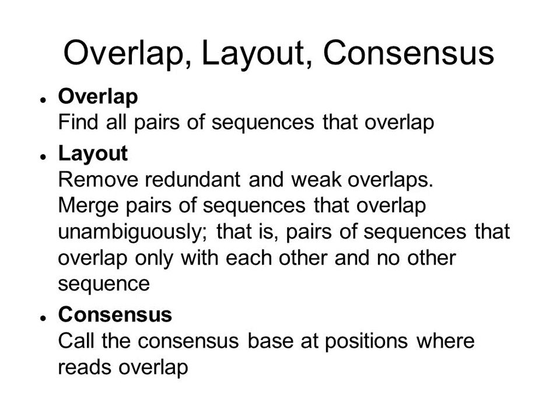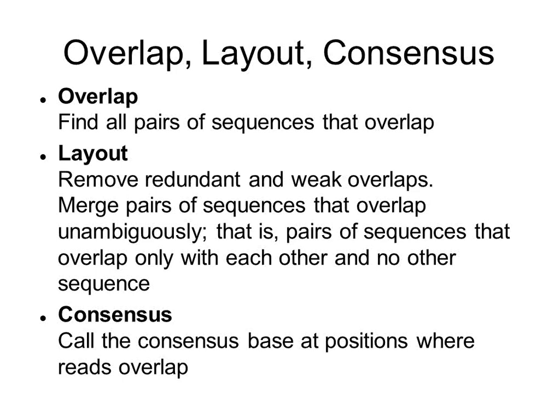Another form is called overlap layout consensus. The idea behind that is a more rational way of doing assembly than the greedy algorithm. What you do is you find all pairs of sequences that overlap. That's called the overlap part. Then in layout, you remove all of the overlaps that you would consider redundant or weak, or likely to have a lot of errors or low quality, and then you end up merging only pairs of sequences that overlap unambiguously.